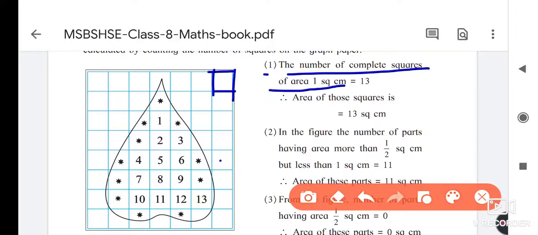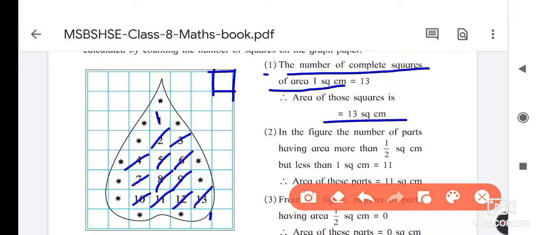Complete squares means all 4 sides are included inside it. How many are there? 1, 2, 3, 4, 5, 6, 7, 8, 9, 10, 11, 12 and 13. So 13 complete squares of 1 square centimeter are present in this figure.